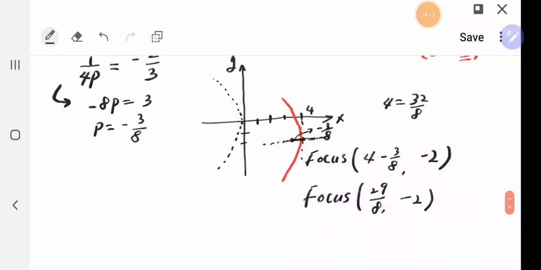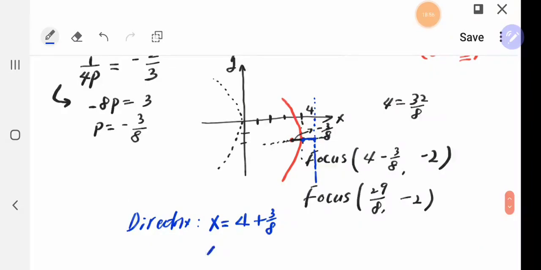And the directrix, where is the directrix? It is on the other side, to the right of this vertex. So this will be the directrix, and the distance is still the same, 3 eighths. So the directrix is x equals this vertical line. There should be 4 plus 3 eighths more, since 4 is the x coordinate of the vertex.